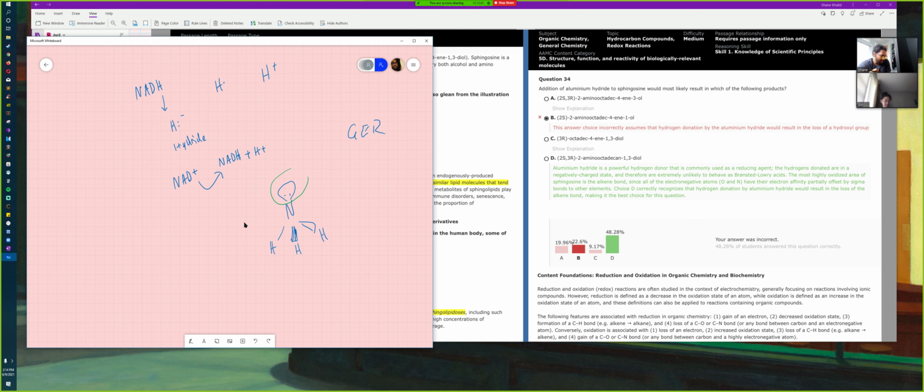So here's a fundamental rule: no protons wandering around. Even when they write H plus for acid, it's really H3O plus, hydronium.